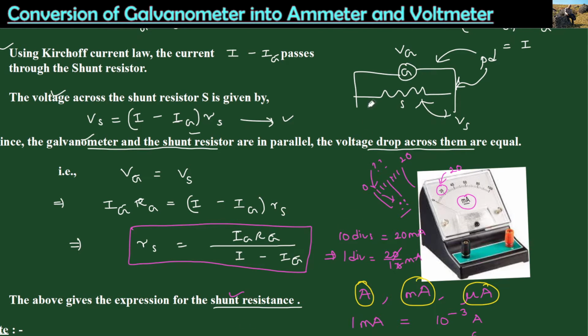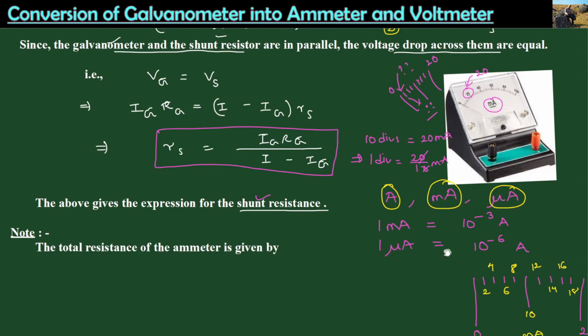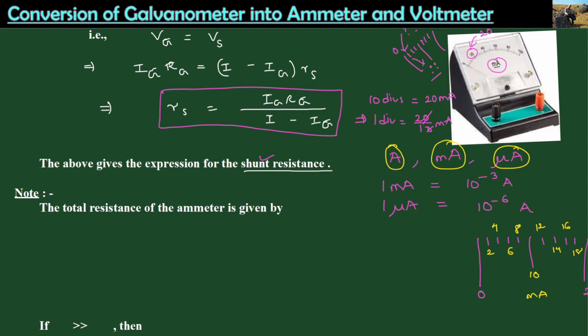Here we have 2 points. The galvanometer is connected in parallel with the low resistance shunt resistor, so the resistance of an ammeter should be the parallel combination of the given resistors.